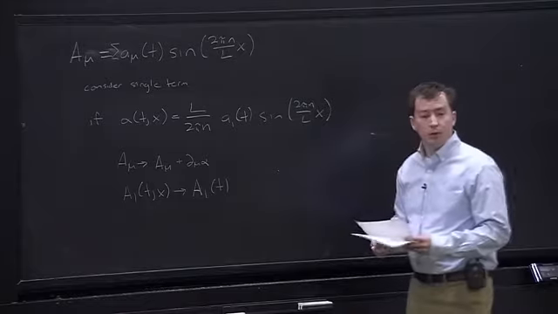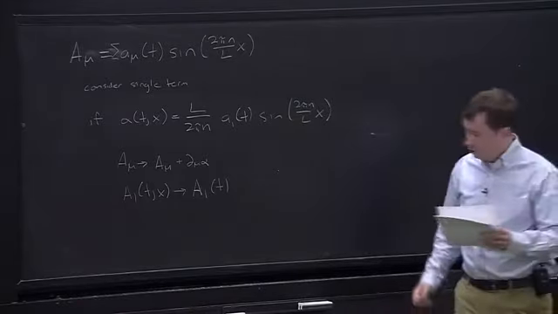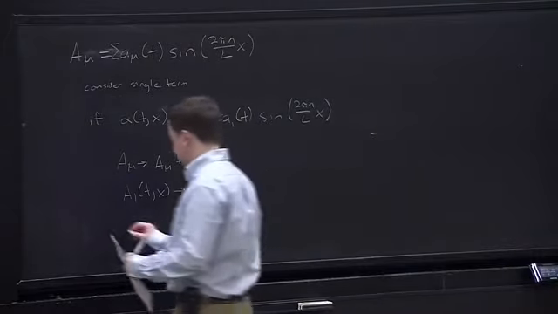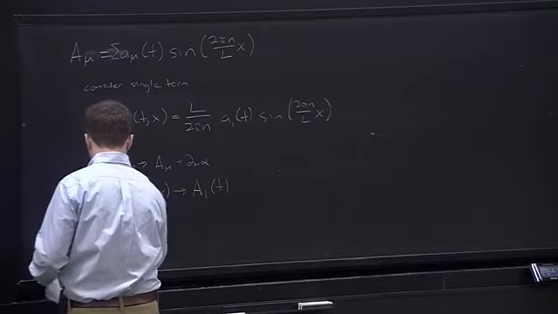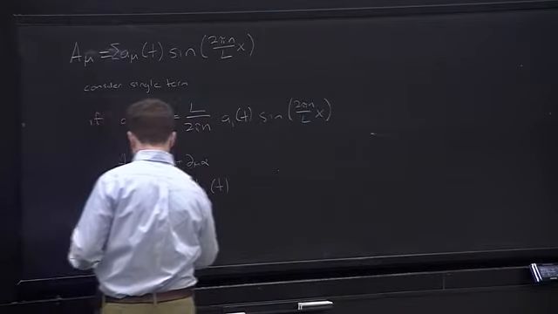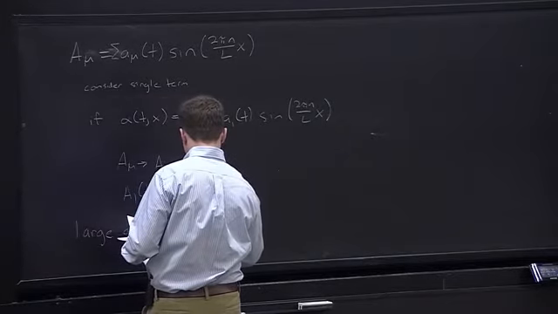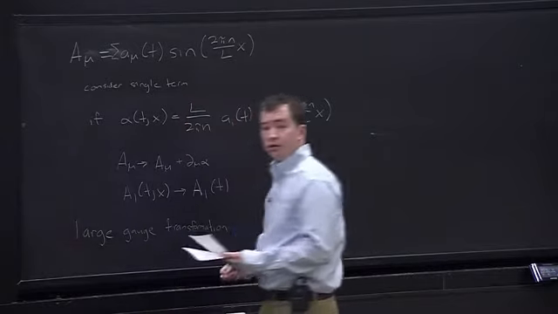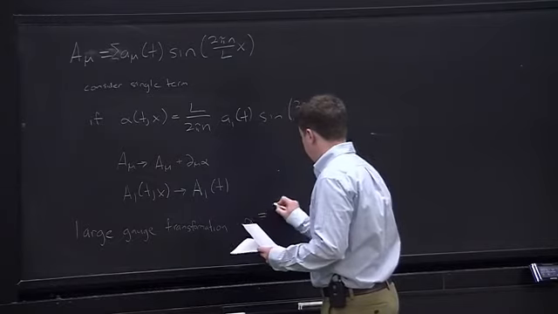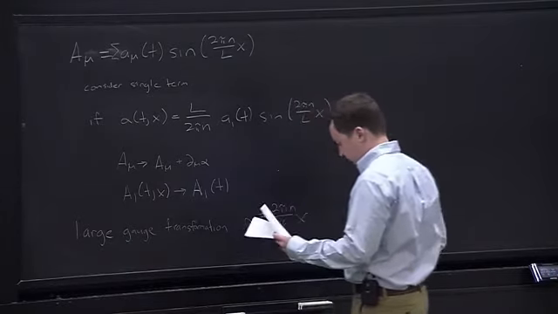But this is not the only type of gauge transformation we can do. There are also large gauge transformations, in the sense that they're not continuously connected to the identity. We choose alpha to be 2 pi n over L x.